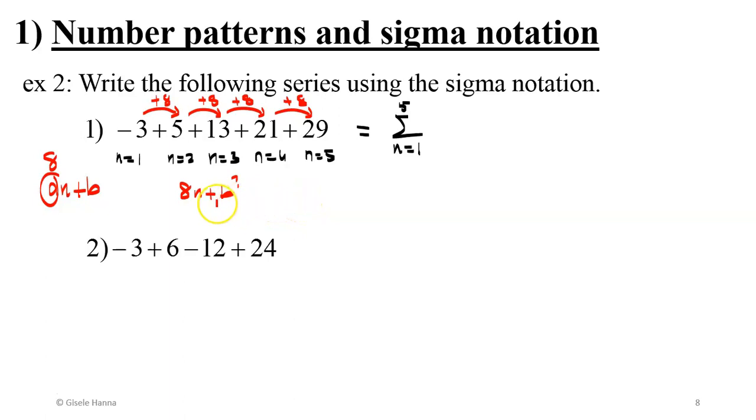So in order to determine what b is, I could just choose any of the terms in the sequence. I know that for n equals 1, the first term is -3. So for n equals 1, that's an 8 plus b, which is equal to -3, which gives me b equals 11. So I know now that b is equal to 11, and we can check that for the remaining terms in the series.